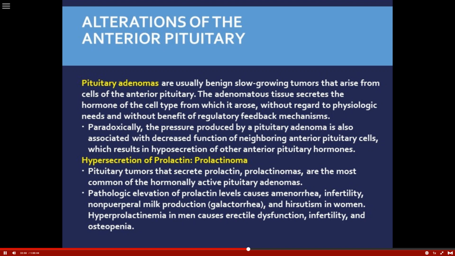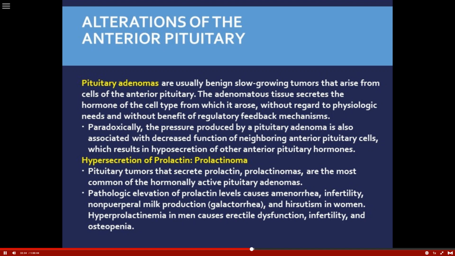But some of the signs and symptoms, make sure that you certainly know this, and they make sense when you think about what prolactin does. So what you're going to see is infertility. You're going to see milk production outside of, when women have a baby, milk is automatically produced. This is not the case. It's random. Milk production begins.